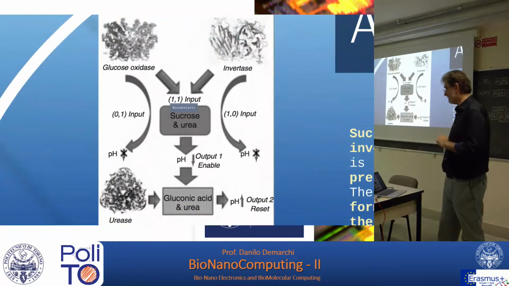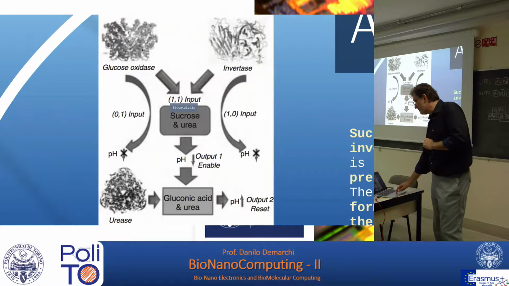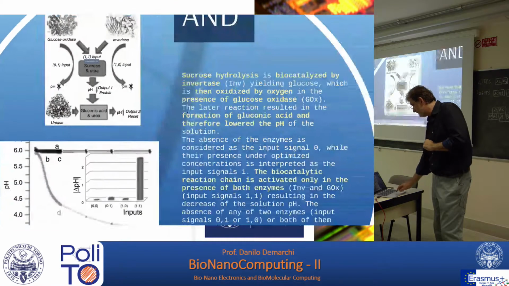Let's go to the plot, it's easier to understand. So I have my glucose oxidase, I have my invertase. If I just have invertase, I do not produce the acid. If I add just the glucose oxidase, I don't produce it either. If I have both of them, I produce what was written here.